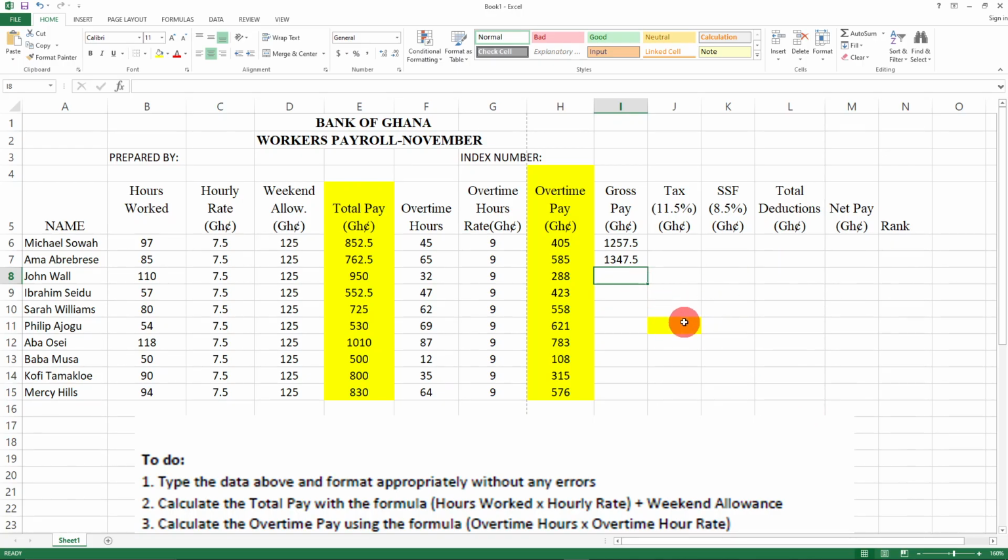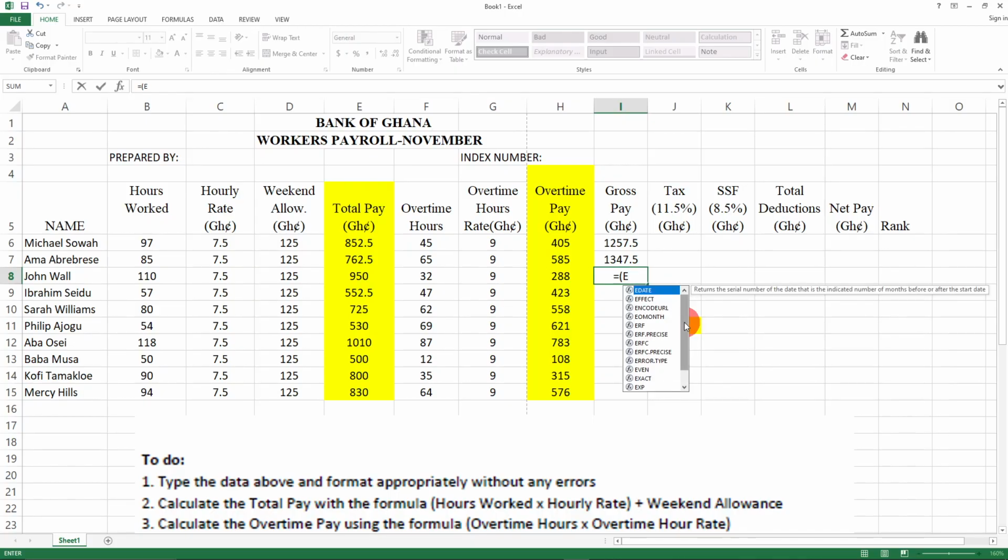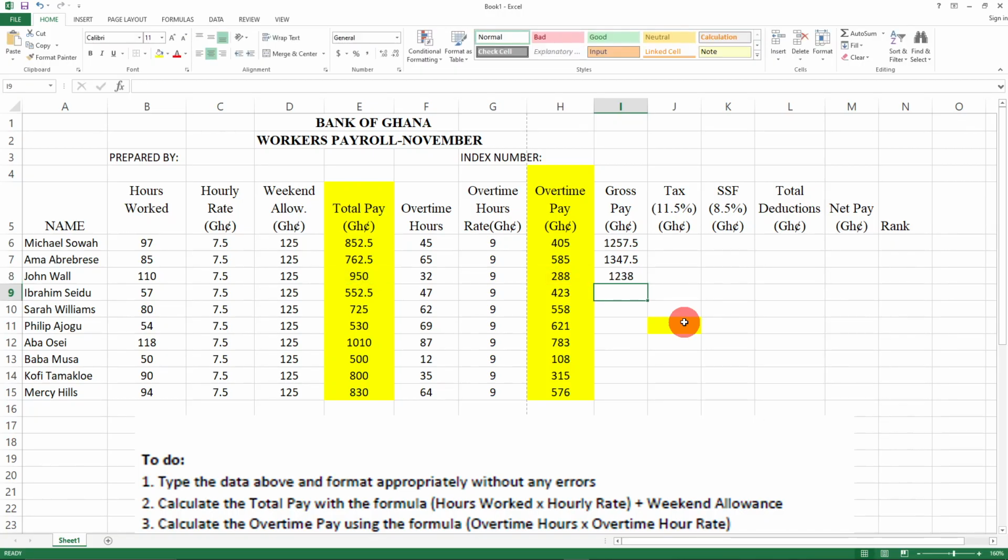So the next one is equal E8 plus H8. All right. The next one is E9 plus H9. The next one is E10 plus H10.